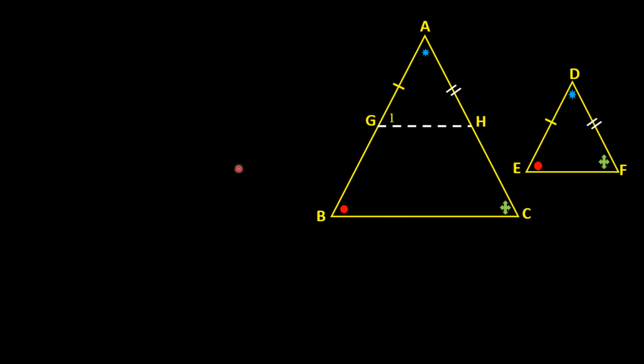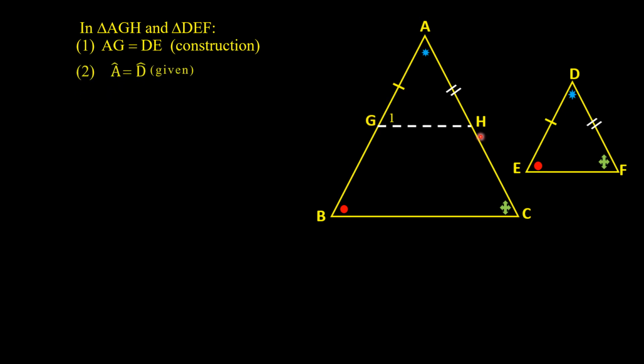Now let us look at the diagram again. We have the two small triangles here, AGH and DEF, where AG is equal to DE because we marked point G. Again, angle A is equal to angle D, already given.